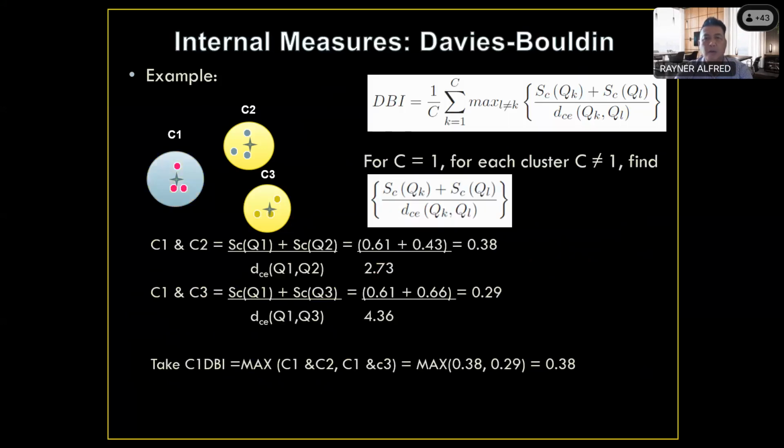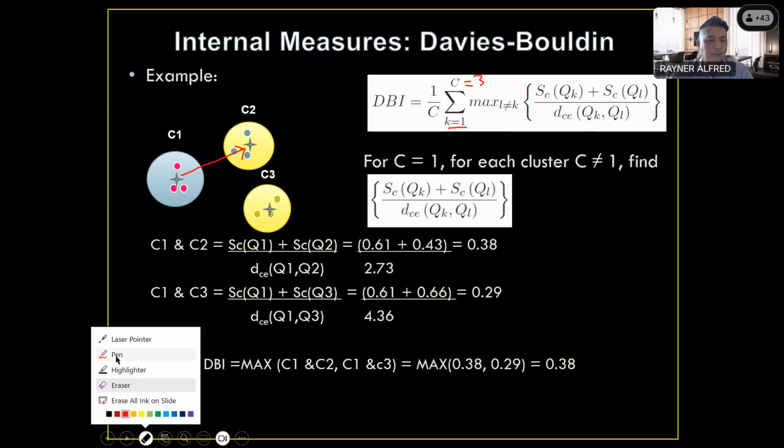Okay, so the formula for the dBi is like this, but if you look at here, they start from K1 up to C, so K1 up to 3. So we start with cluster 1 first. So cluster 1 here, they are colored in blue, and now we are looking at whether we are taking the value for this, the measurement K1 to K2 or K1 to K3.